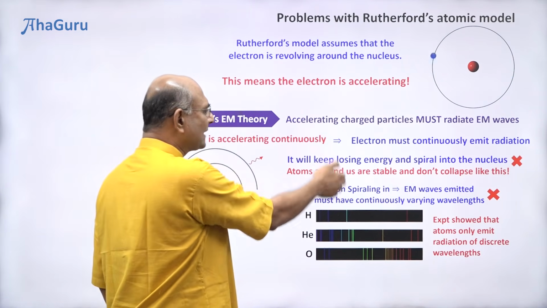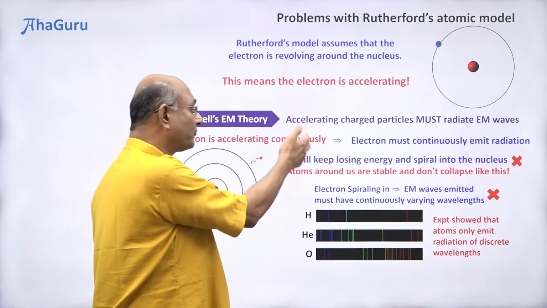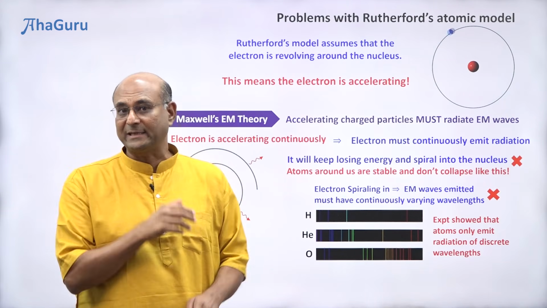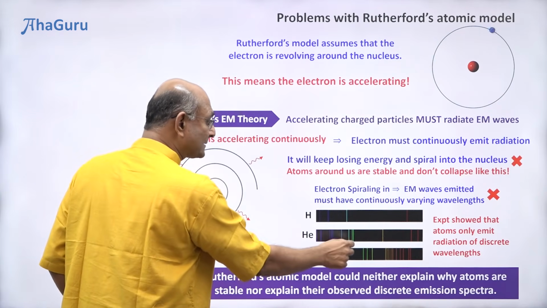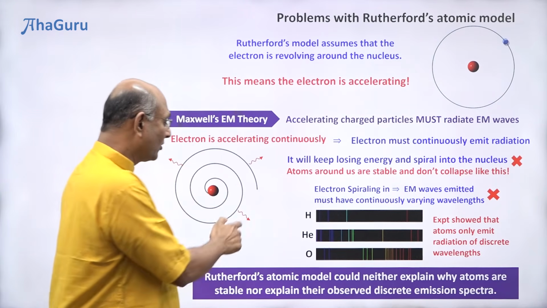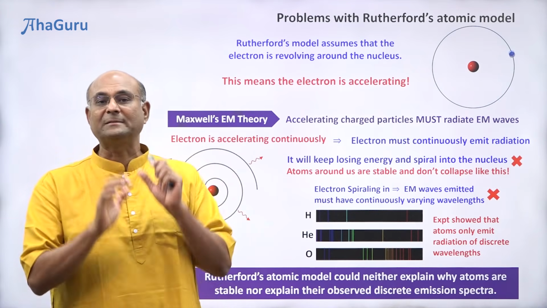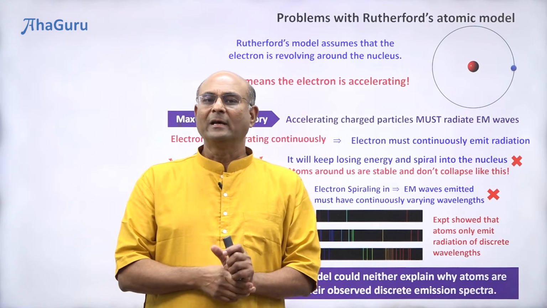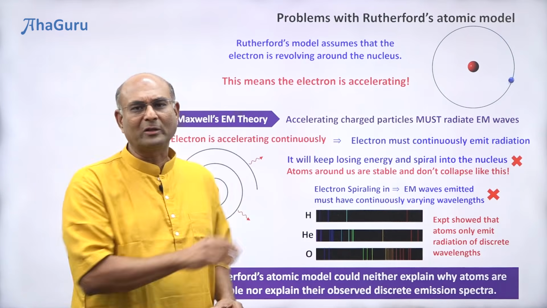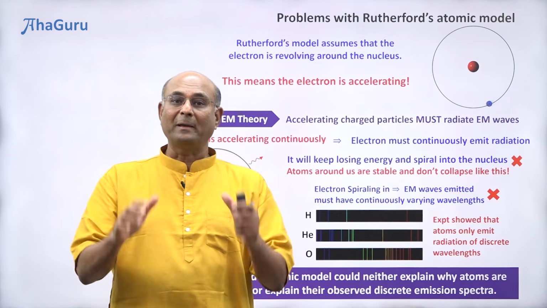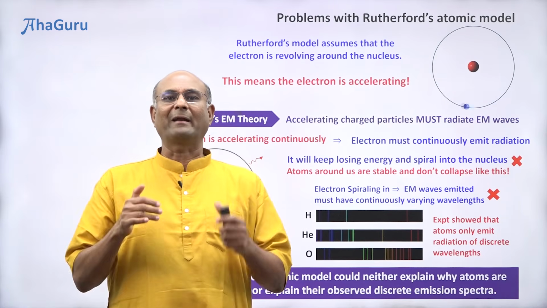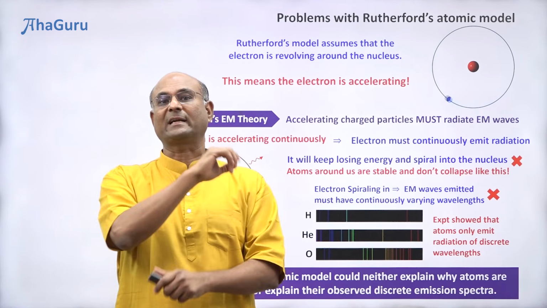These conclusions that we arrive at from Rutherford's model unfortunately don't match reality. So Rutherford's atomic model can neither explain why atoms are stable, nor can it explain the observed discrete spectra of atoms. So there are clearly a lot of drawbacks in Rutherford's model. But despite all these drawbacks, Rutherford's atomic model was a huge step in our understanding of the internal structure of atoms.